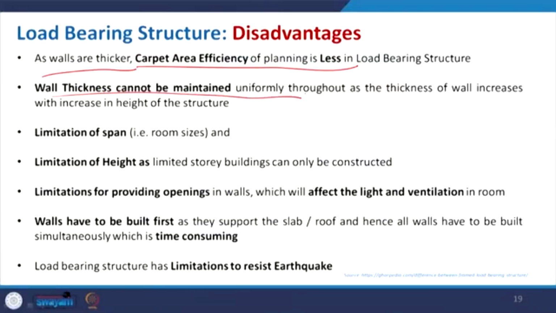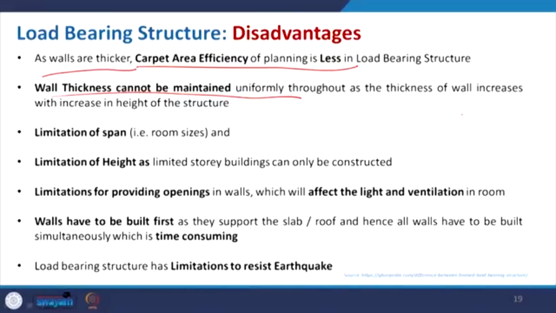Wall thickness cannot be maintained uniformly throughout, because in a multi-story building, as height increases, the thickness also changes. The load of the upper story is transferred to the next story and so on, so the load profile is in a pyramidal order. When you go up, you can reduce the thickness of the wall; at the base it will be bigger.